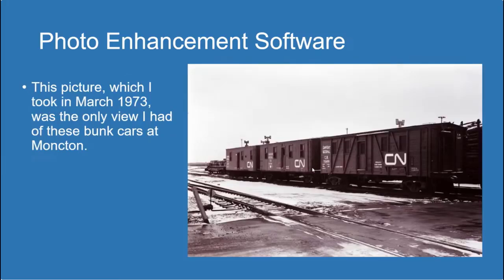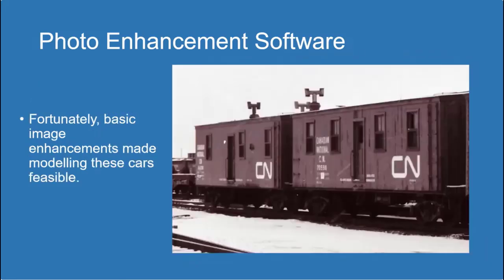Now this picture was of 3 old bunk cars I took in Moncton in 1973, and then later on when I went to make a model, it was the only photo I had of these cars. So what to do? So I started zooming in and making some basic image enhancements. You can see I've started lightening the image and drawing out the shadows.